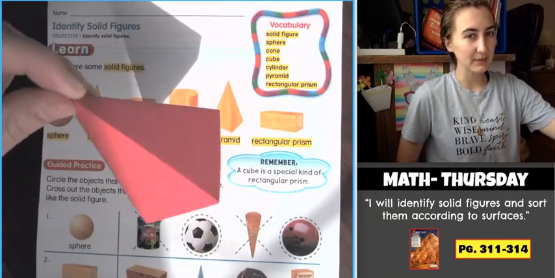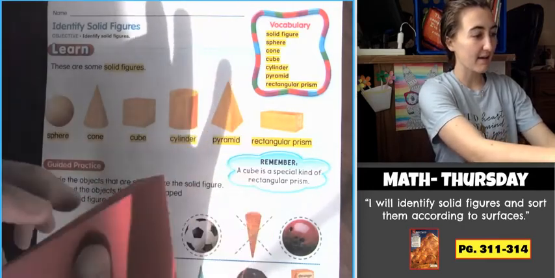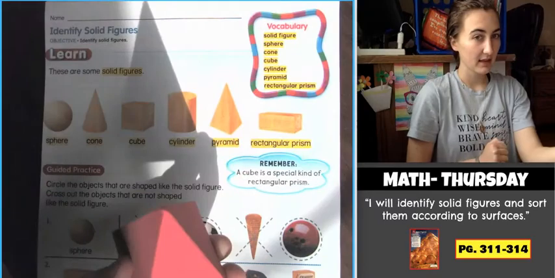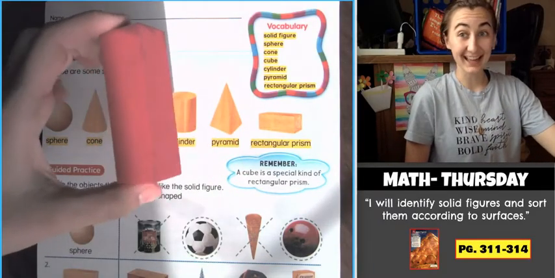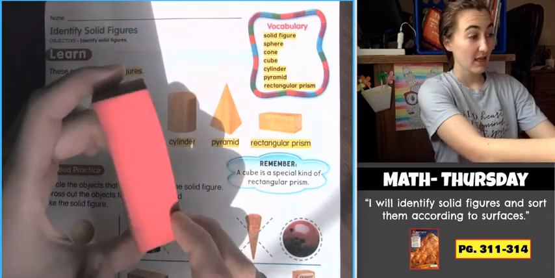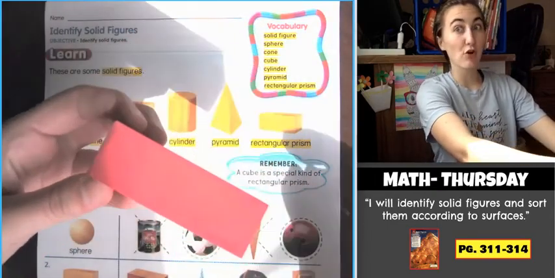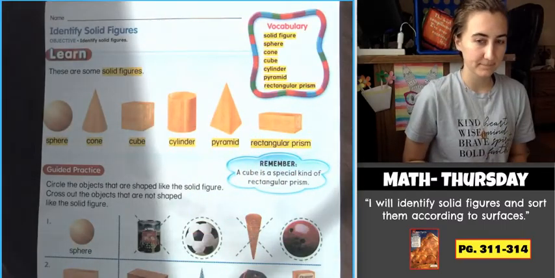This one looks similar to a cone, but it also has 4 flat faces and then a flat bottom. That's a pyramid. And our final one is a rectangular prism. This one is just a cube that's stretched out, a rectangular prism.